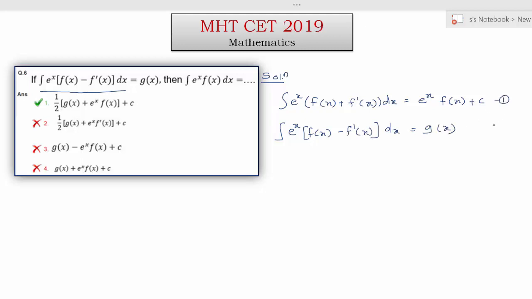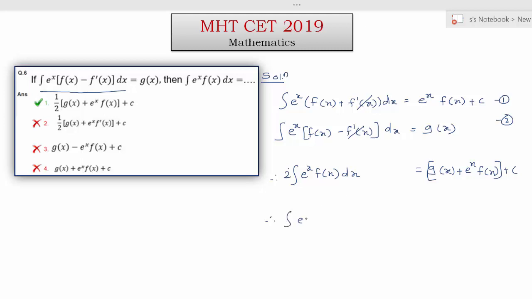Let's add these two equations, 1 and 2. When we add these two equations, the RHS becomes g of x plus e raised to x f of x plus c. Now on the LHS we can add these two, and f dash x will get cancelled and f of x is twice, so we get twice the integral of e raised to x f of x dx.